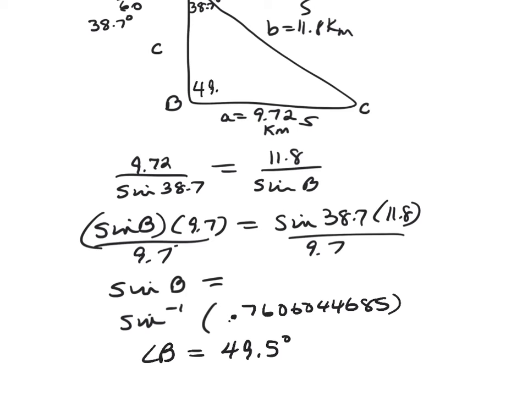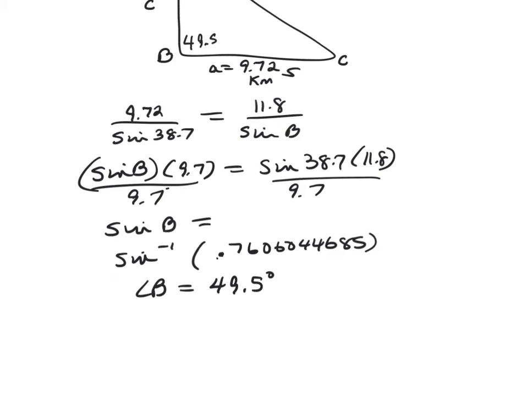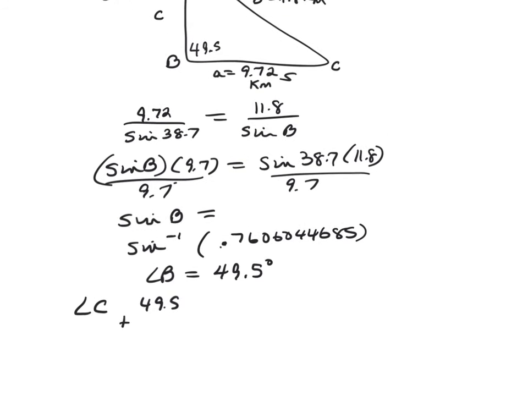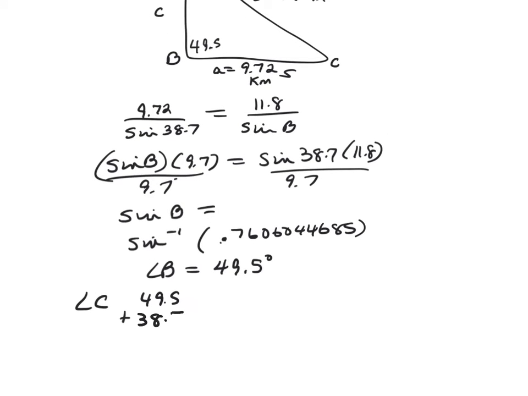So 49.5. Now what I can do to find angle C, I'm going to add the two angles I have, and I was given 38.7, and then subtract that total from 180. 88.2, and I get 91.8.